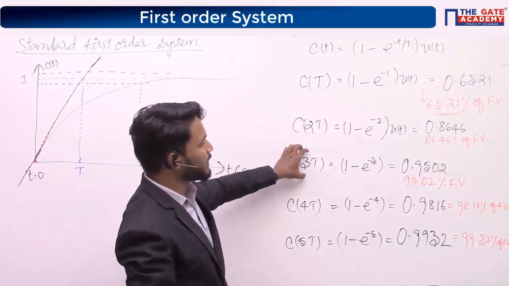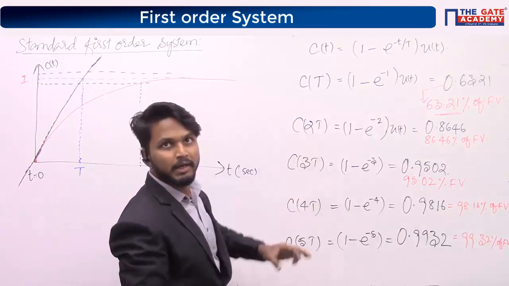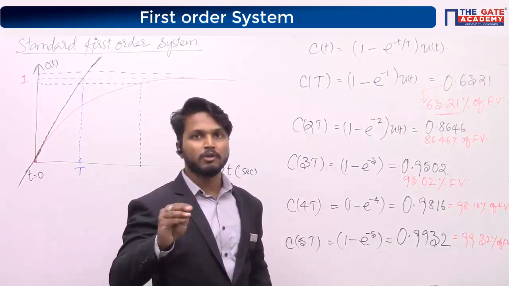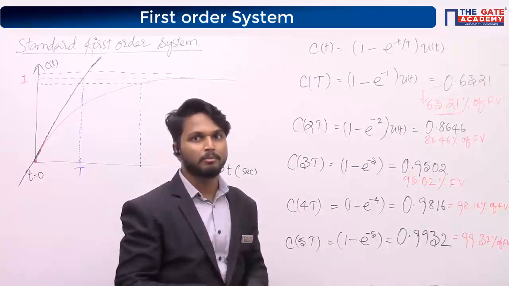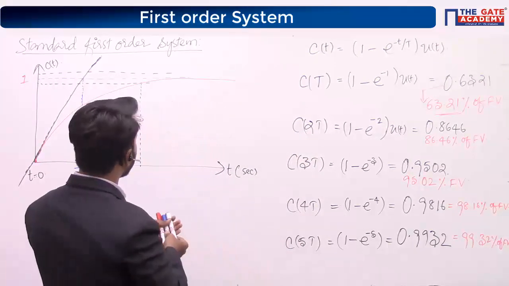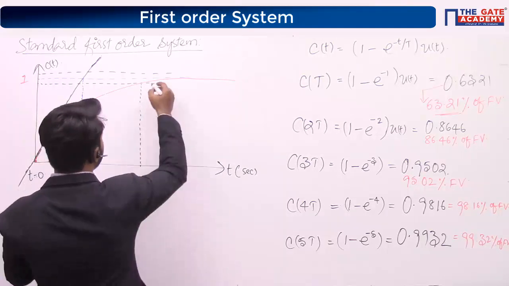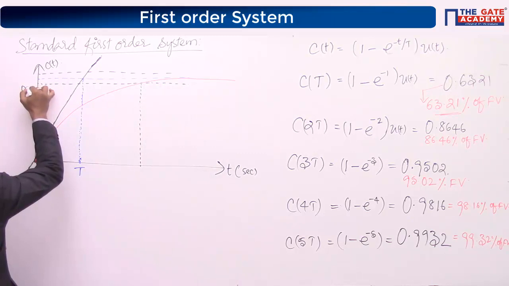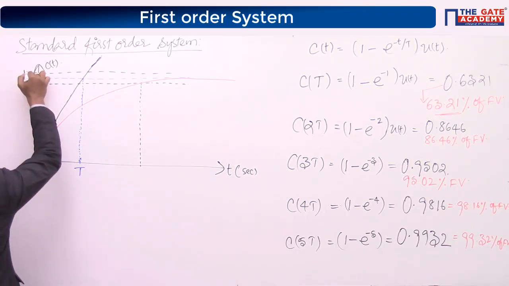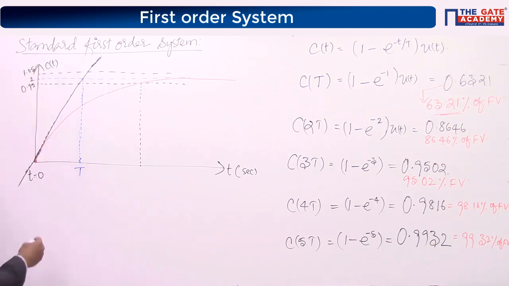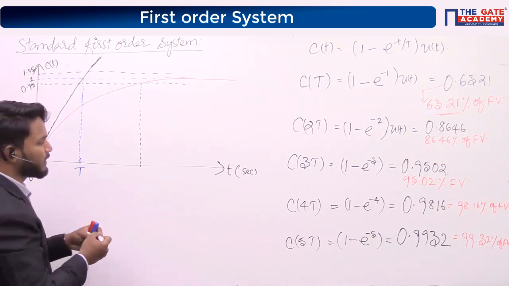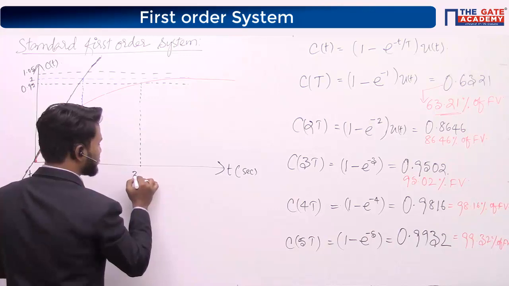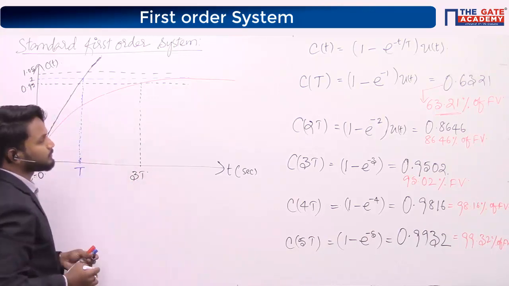It is 3 times the time constant, yes or no? You can call this a band. At exactly this point, what is the value? It is 0.95. This is 1. This is 1.05. The time taken by the response to enter this band is 3 times the time constant.